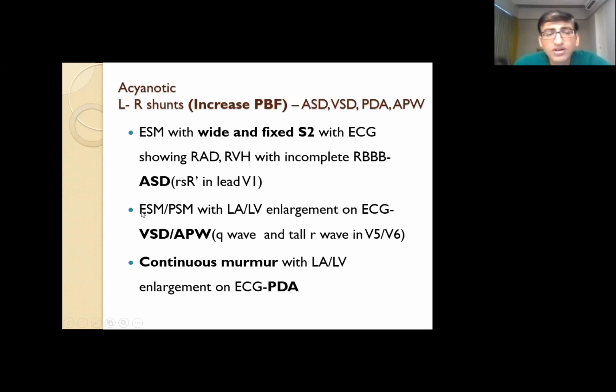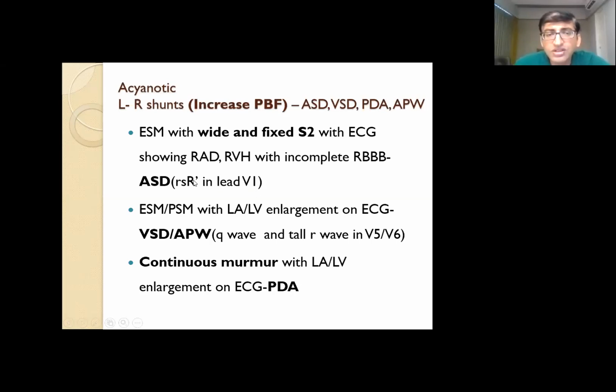When you have an ejection systolic or pansystolic murmur with left heart dilatation on ECG, it is more likely ventricular septal defect. When you have a continuous murmur with left heart dilatation on ECG, it is more likely patent ductus arteriosus.